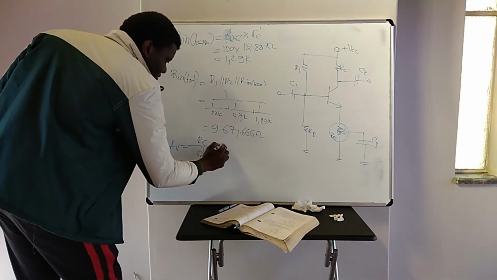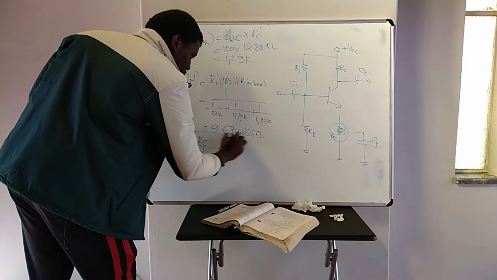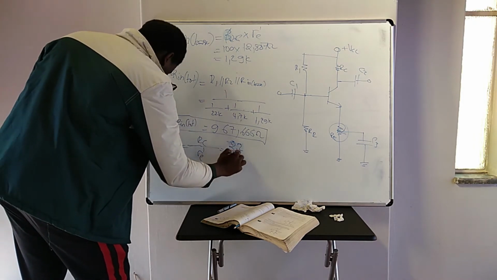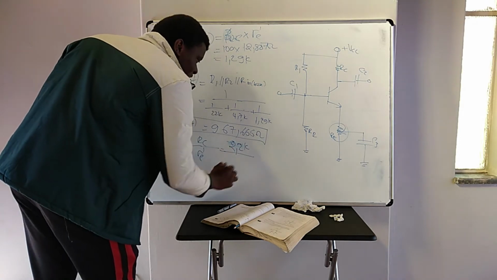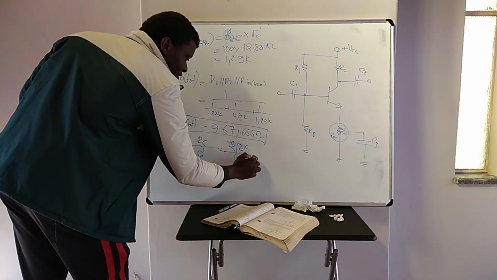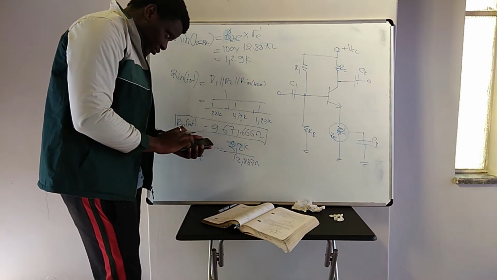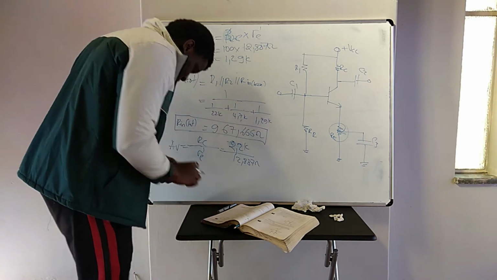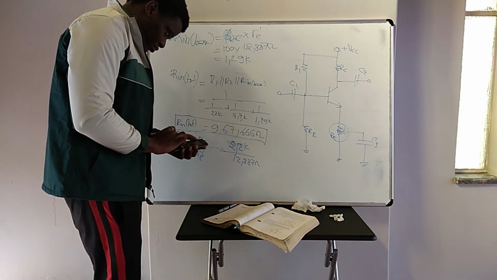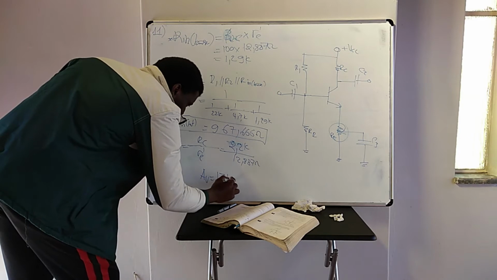So it's going to be RC, which is 2.2K, over R accent E, which is 12.887. So the voltage gain is 121.71.